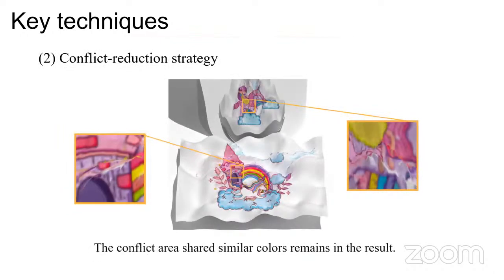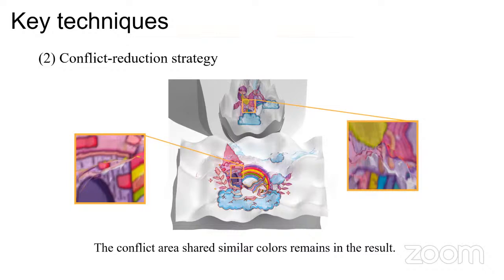The second one is a conflict reduction strategy. During our experiments, we observed that when pixels in IR and ID corresponding to the conflict area share similar colors, the visual difference is small and the conflict area remains as a result.